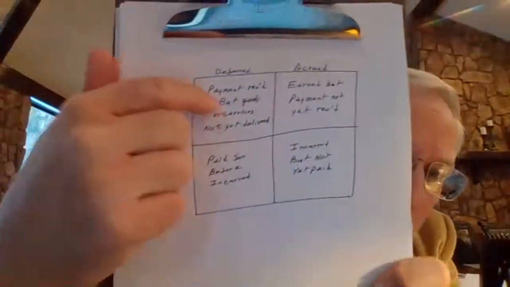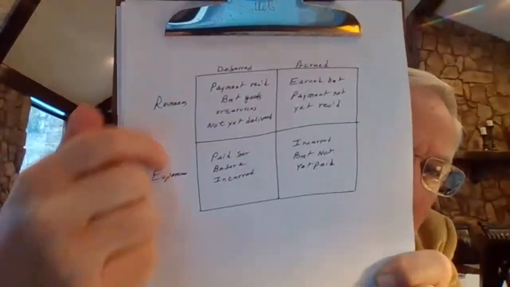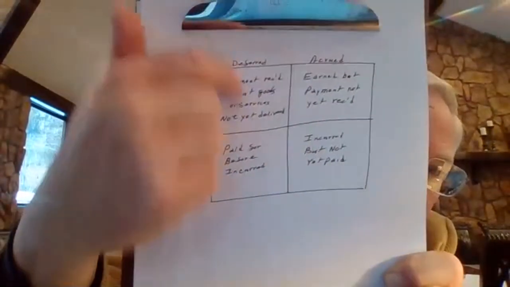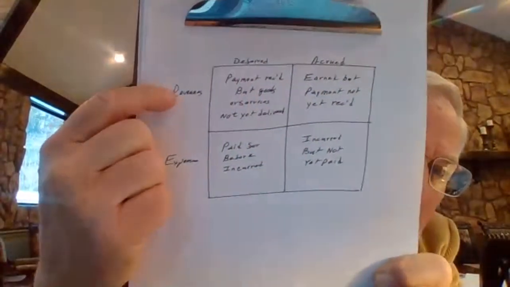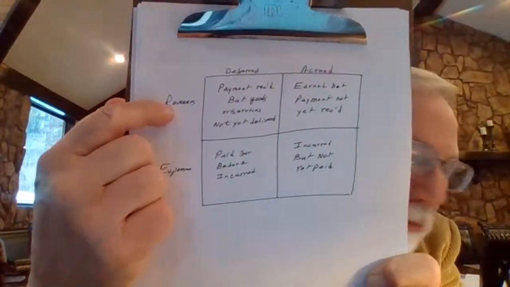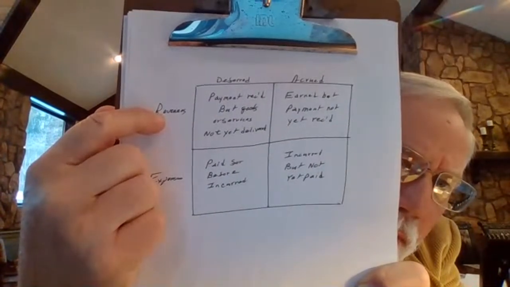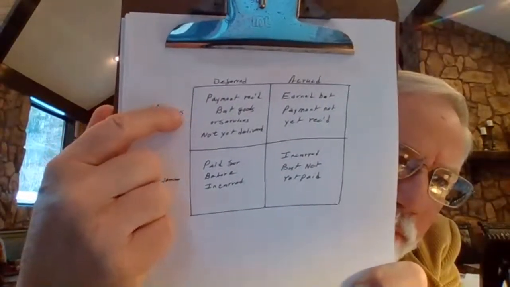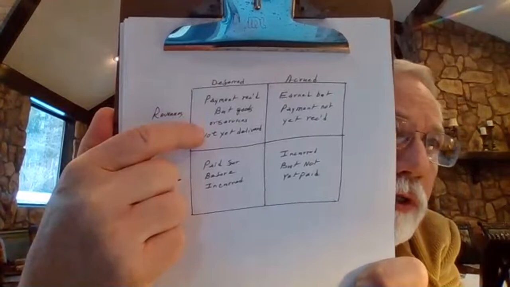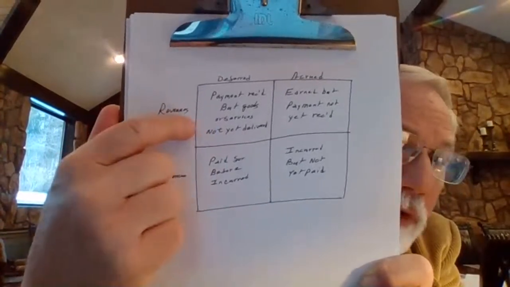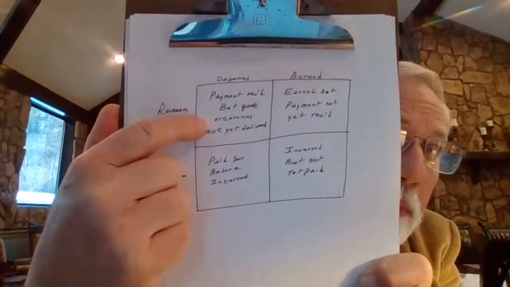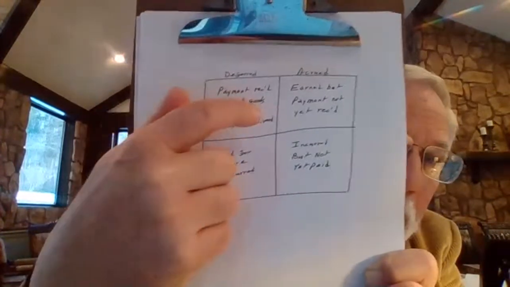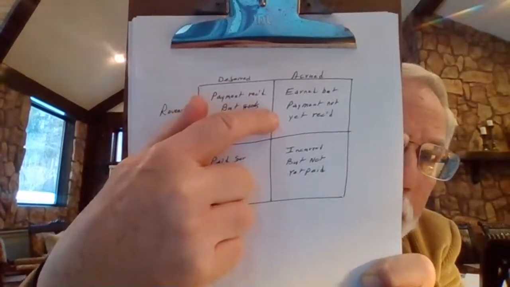Okay, it's easy. Revenues and expenses going across, deferrals and accruals coming down. Deferred revenue: payment received, but the goods or services have not yet been delivered. We haven't earned it. We've gotten paid before we've delivered. Accrued is just the opposite.